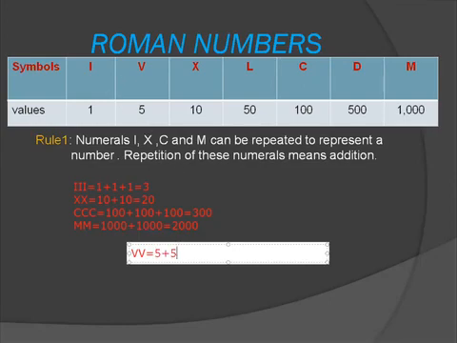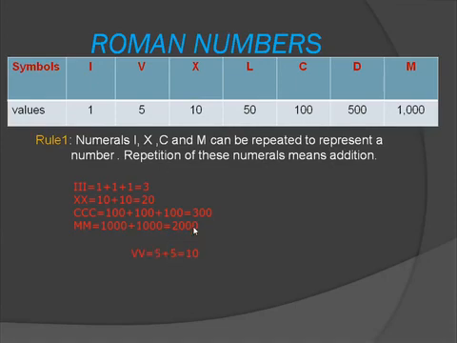So 5 plus 5 is 10, but the value of X is 10, so writing this is wrong. We should not write it like this. The same thing happens with L: if you write it 2 times, it becomes 50 plus 50, 100, whereas the value of C is 100.